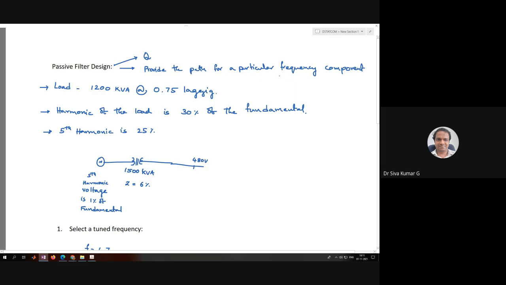If it is single tuned, it is a particular frequency; we also have double tuned frequency components, triple tuned frequency components, and multiple frequency components. But in our discussion, whatever I'm discussing is used to provide a path for a particular frequency component.